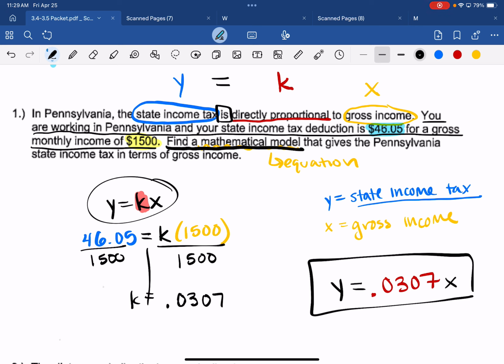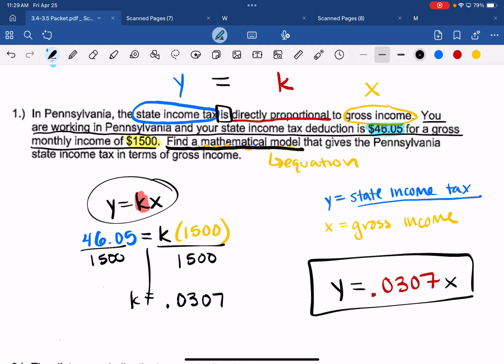So I took my general equation, I used that sentence right there to plug in some numbers because I've got to find k. I don't know what it is. So these numbers are just a tool to help me find k. But then once I find it, I've got to plug it back into my equation.